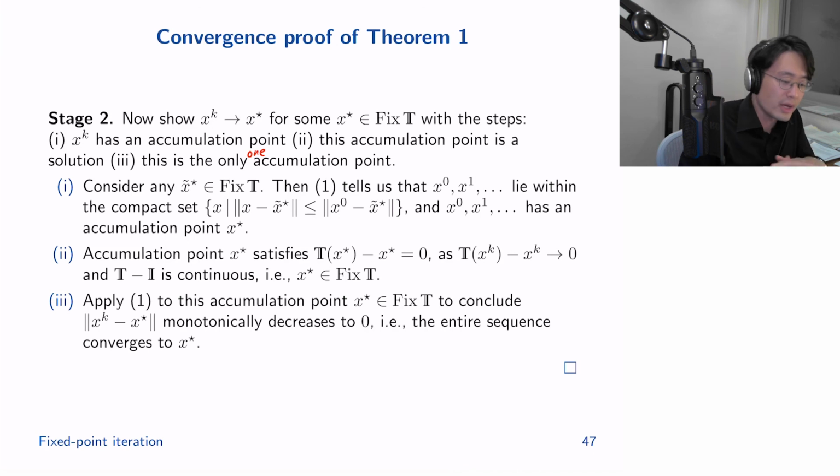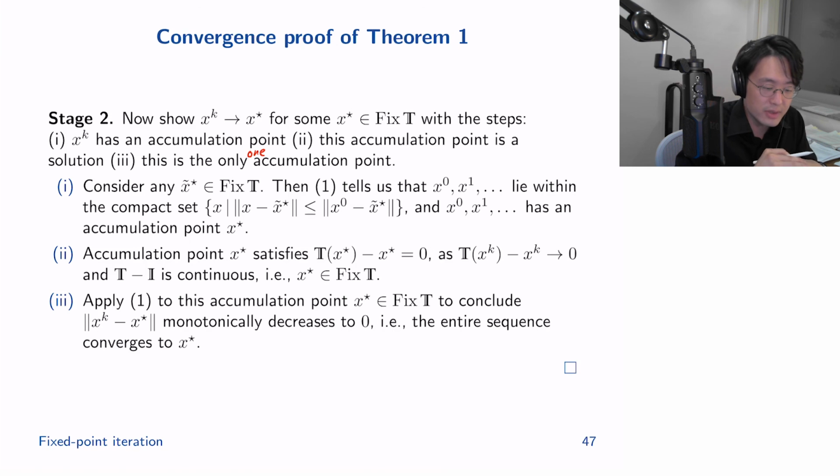Finally, we apply our core inequality now with the accumulation point x star. Remember, the core inequality is applicable for any fixed point x star. But now that we've identified that the accumulation point x star is indeed a fixed point, we use the core inequality with this accumulation point.